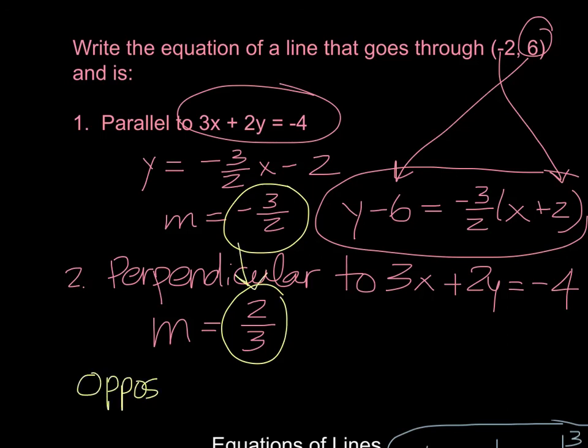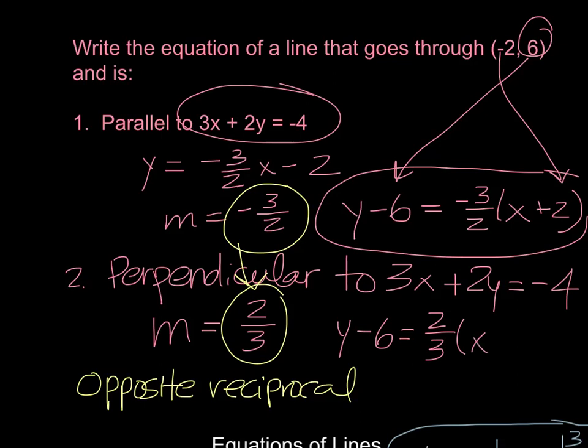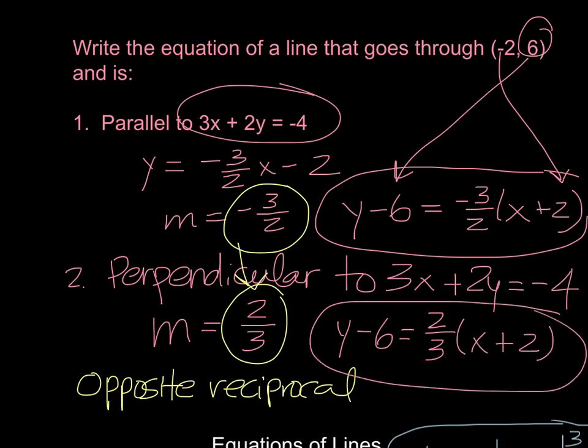You take the opposite and you take the reciprocal. So then your answer is going to be y minus 6 equals positive 2/3 times (x plus 2). And you leave it in point-slope form. That's good enough. Okay, so that is lines, equations of lines.